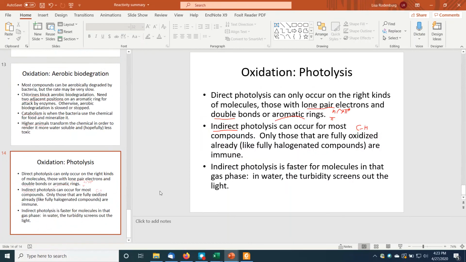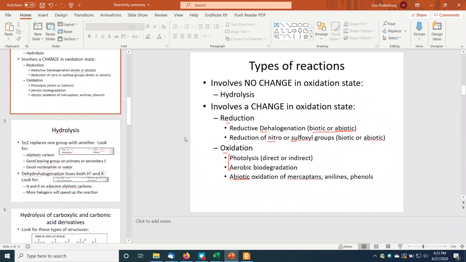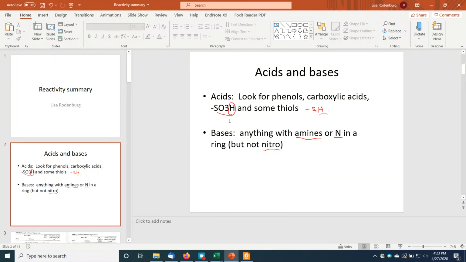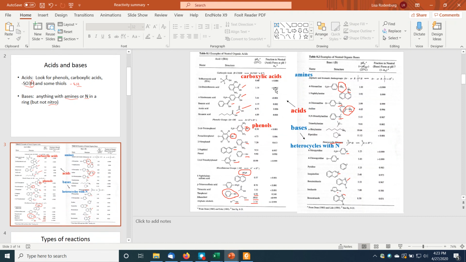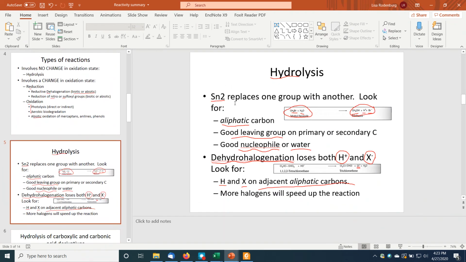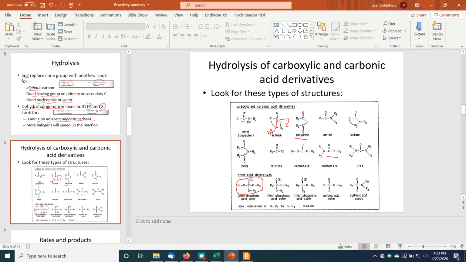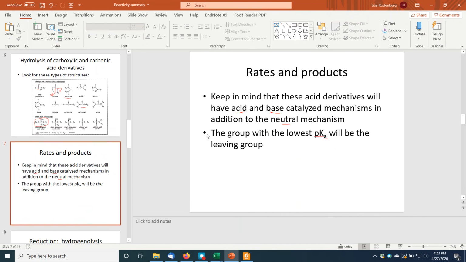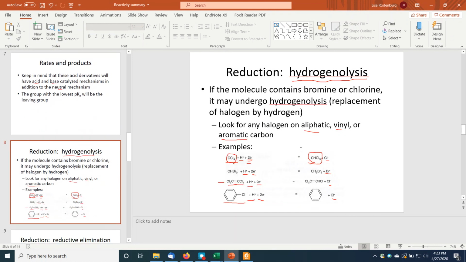go right up here to the beginning and ask yourself, is it an acid or a base? Here's how you would figure that out. Does it undergo hydrolysis? Does it undergo SN2 or dehydrohalogenation? Does it have one of these structures, which can result in hydrolysis of carboxylic and carbonic acid derivatives? Does it have halogens that can undergo hydrogenolysis?